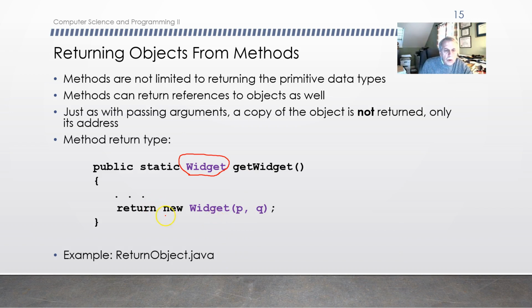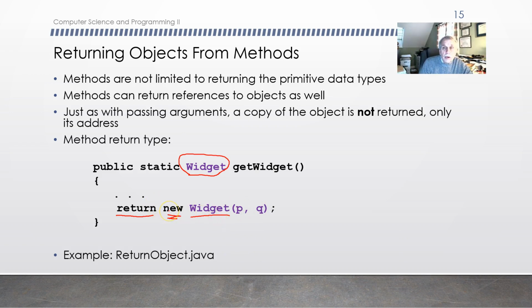So somewhere in the code down here, all this neat stuff happens, and we conclude by saying return, and then we say new to instantiate a widget object by invoking the widget constructor. So these things called p and q would be defined somewhere in this ellipsis here, this dot, dot, dot. Somewhere p and q are defined and populated. And what we're doing is passing p and q, respectively, to the widget constructor.